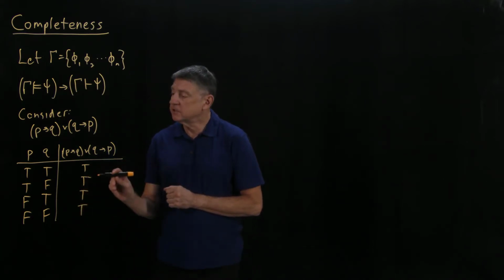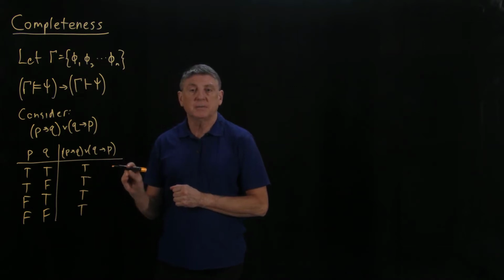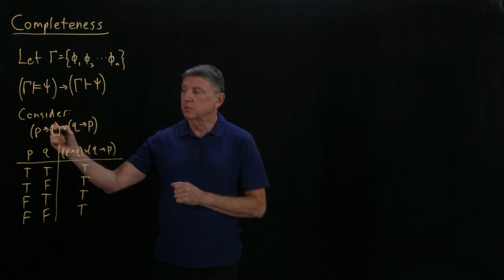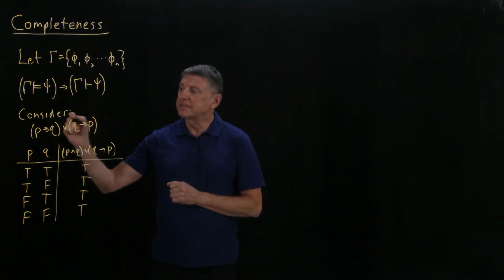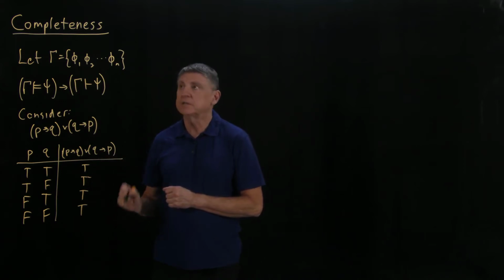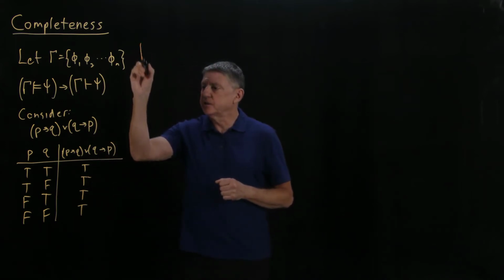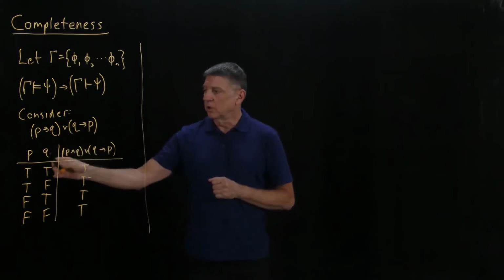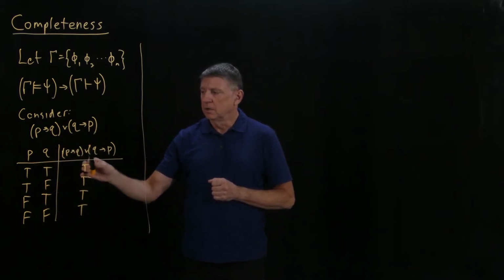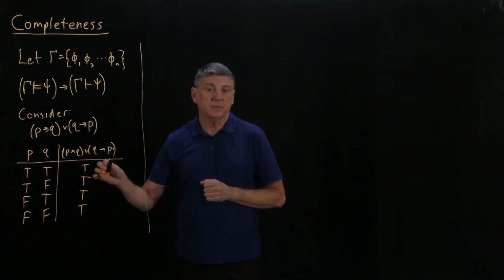And as I just said, this is not a demonstration of the truth or that this is valid in any way. It is, however, an inspiration. So using that inspiration, we might say, well, regardless of the value of P and Q, this formula is always evaluating to true.